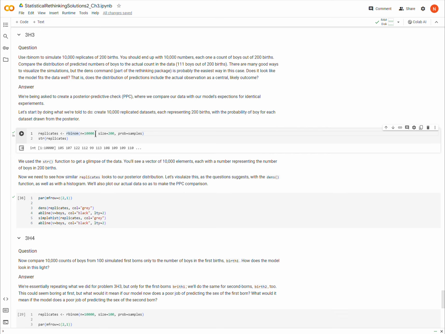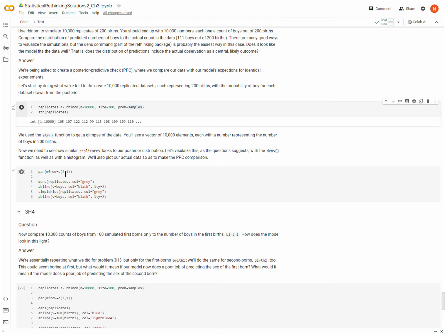We're going to generate 10,000 data sets of 200 observations, and the probability of a boy will be determined by the previous posterior distribution that we have sampled from and called those samples. At the end, what you get is a vector of 10,000 elements, and each one of these is a simulated data set with the number of boys that were in that set of 200 births.